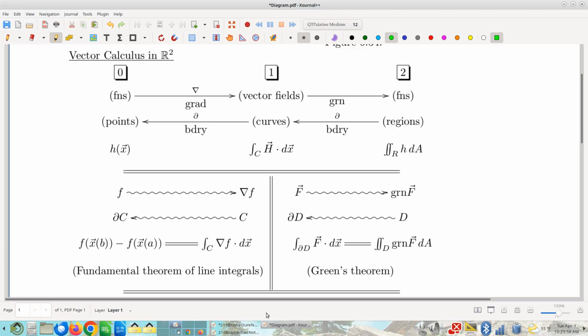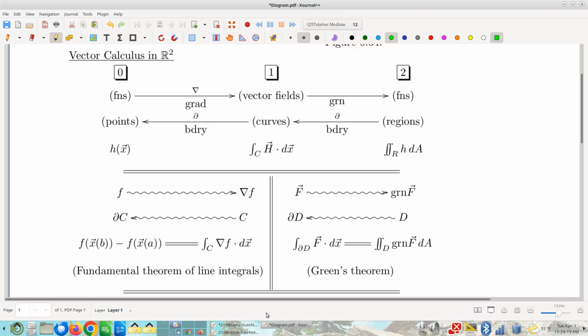Now I understand that this is therefore not a proof of anything, because I'm just making an assertion that this comes from these very powerful, very sophisticated ideas. If you're willing to trust me on that, then I think you're going to find this is an extremely useful diagram to have in your heads.